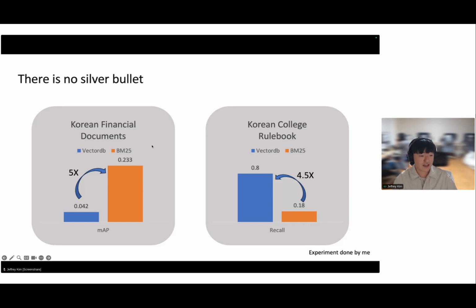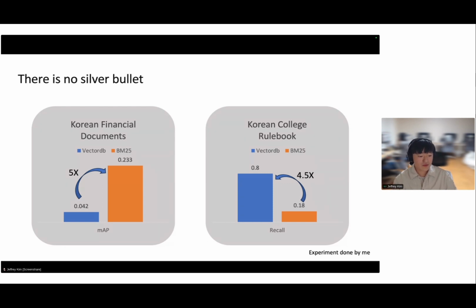In Korean financial documents, BM25 search, which is lexical search, is 5 times better than cosine similarity search using a vector database. On the other hand, in the Korean college rulebook, the vector database search is 4.5 times better than BM25 search.